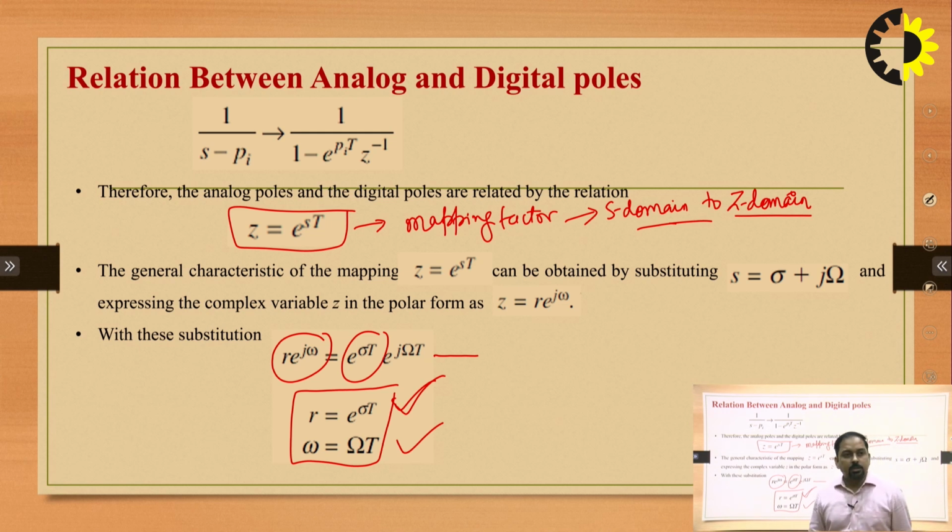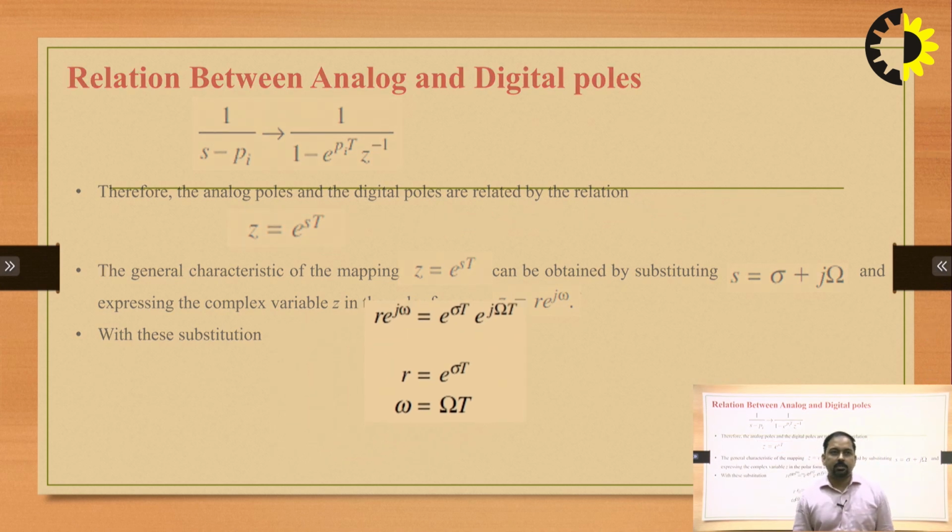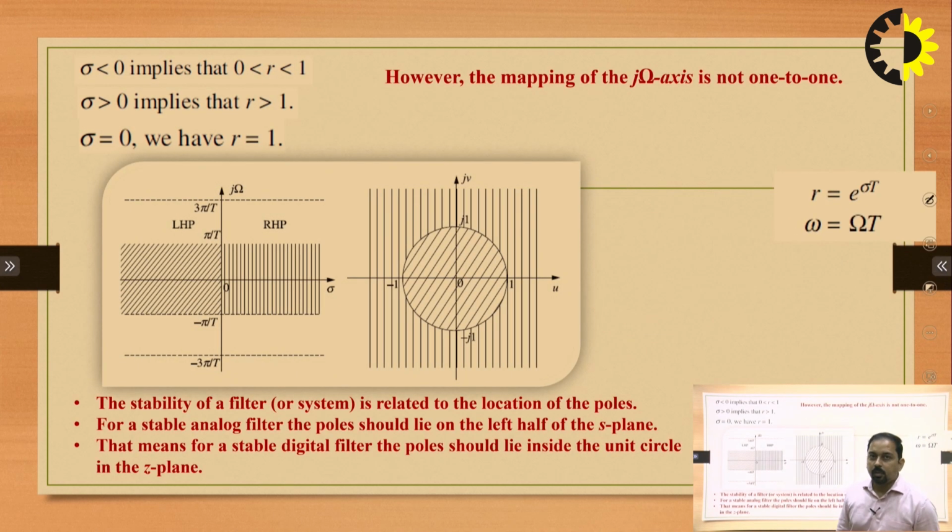So next we need to analyze these two equations, this mapping factor. If we consider our first equation, r equals e raised to power sigma t. Now for sigma less than 0, we can assume t any value, let's say t equal to 1 second.